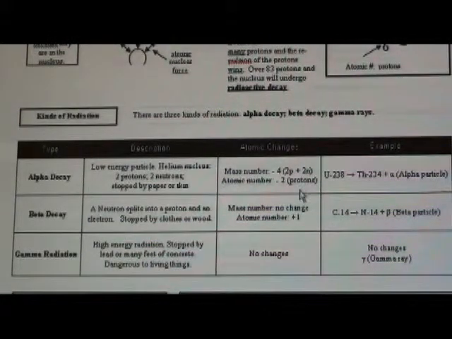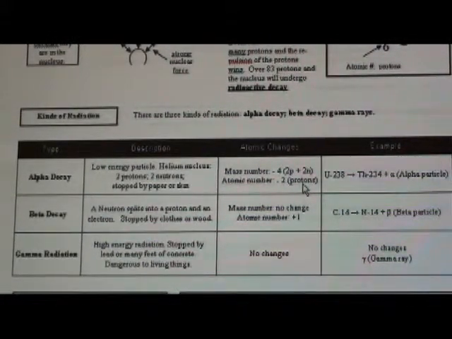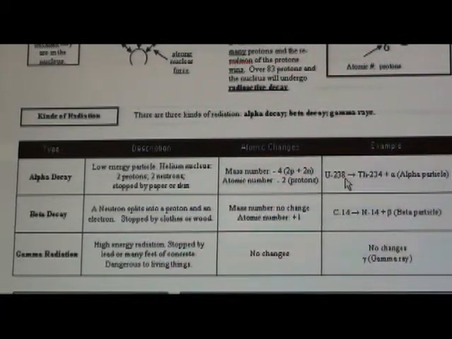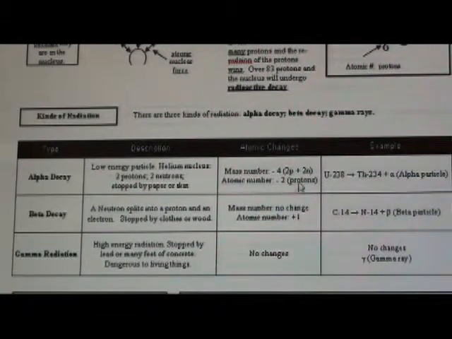And remember that atomic number is the number of protons, mass number is protons plus neutrons. So as an example, if I have uranium-238, it's going to lose 2 protons. So our mass number is going to change to 234. That changes our element to thorium. It's also changing the mass number as well, where it's losing 4. And it's giving off this alpha particle here.